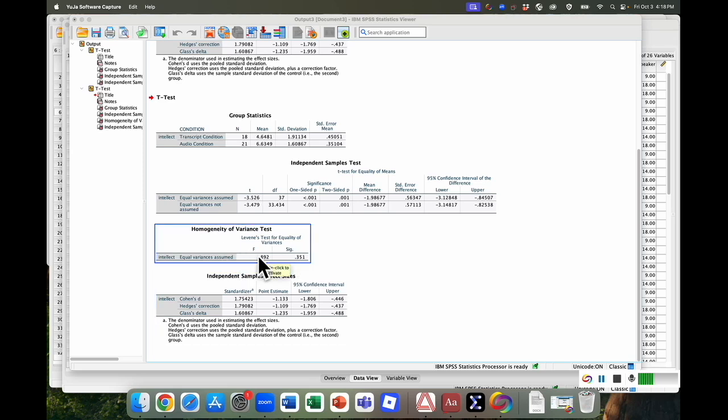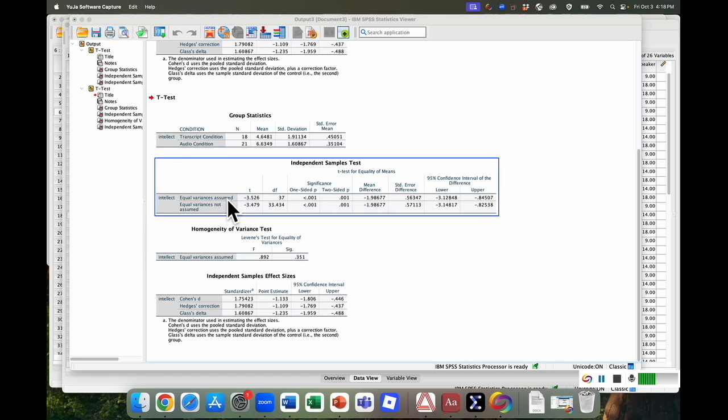This is one of the few times in statistics where we can say if it's not a significant p-value, we can assume equality. Now, is it really equal? No, but it's not different enough where we have to adjust our t-tests. We can assume equal variances, which means that we would follow the equal variances assumed in the top row of this column and report these findings.